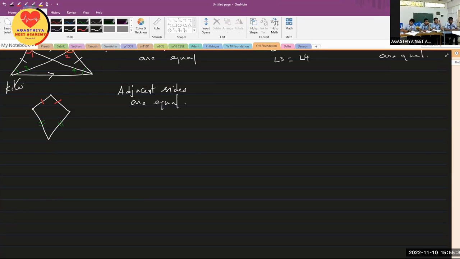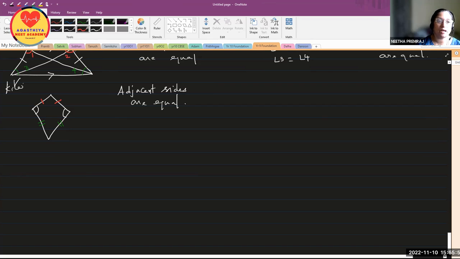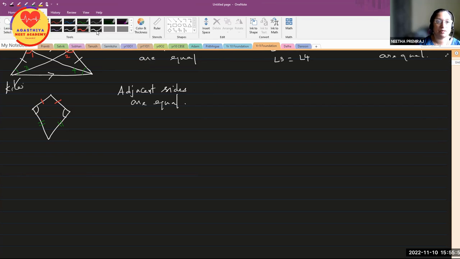Okay, what about angles? Opposite angles are equal. This is partially correct, partially incorrect. See, these two angles are equal, whereas these two angles are unequal. I name the vertices.